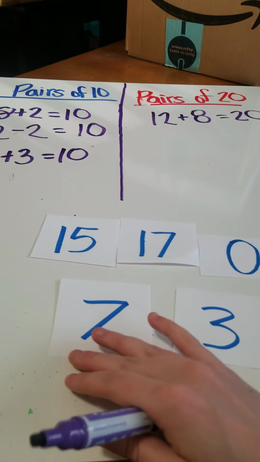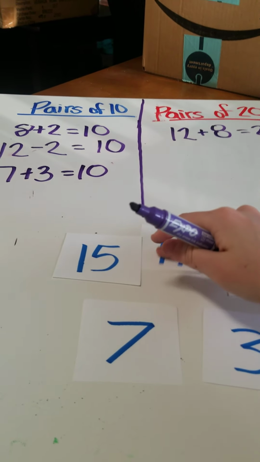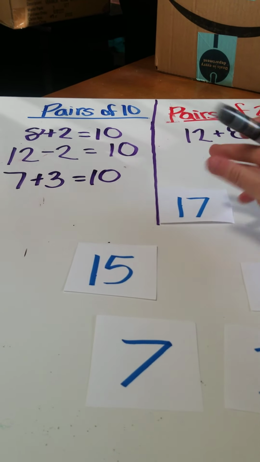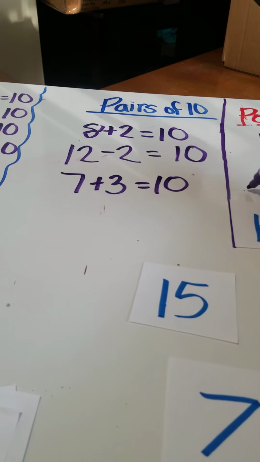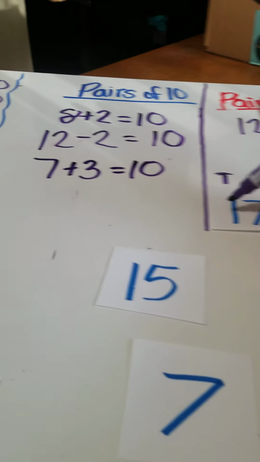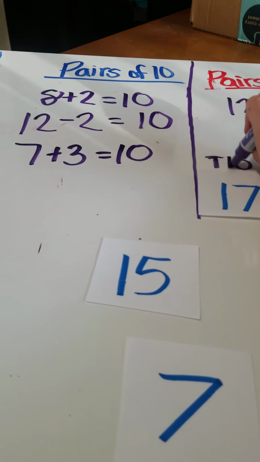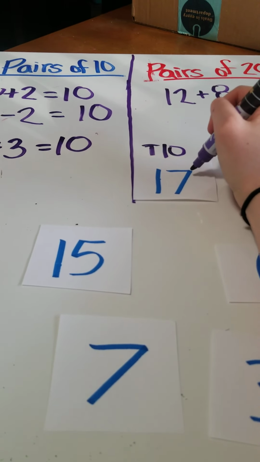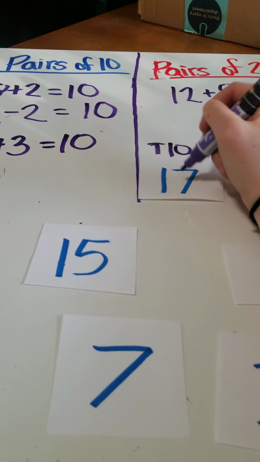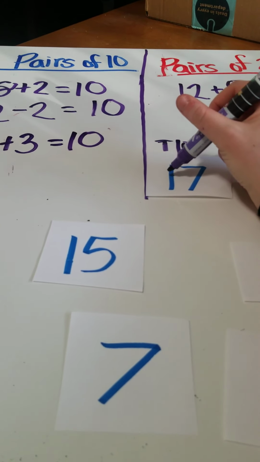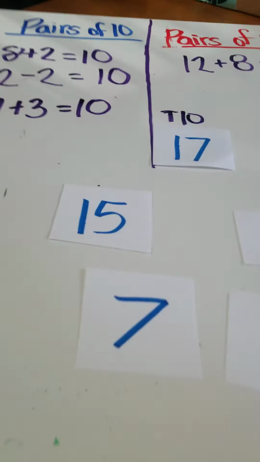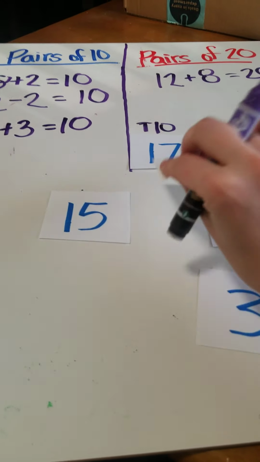Let's look at 17. That's my teens, and I know there's 10 in there, because if we're using our place value, I have 1 ten. So here's my ones. I have 7 ones. So I know if I take 7 ones away from 1 ten, I have 10. So look at this. I have a 7.